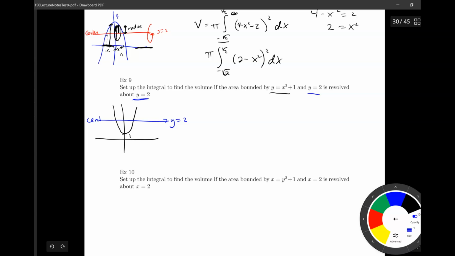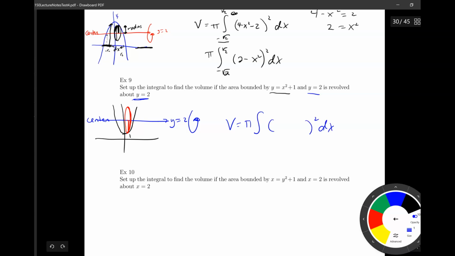So again, this is the center. All right, so let's build our rectangle. And then if we spin that around, with thickness dx, there's the center right there. So we can see that this is a disk. So it's pi radius squared dx.